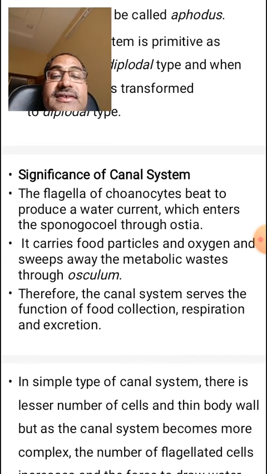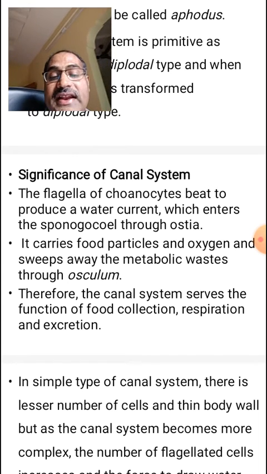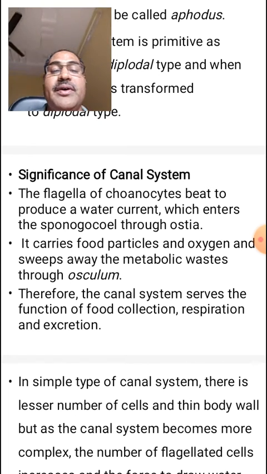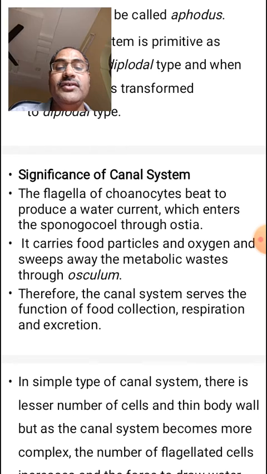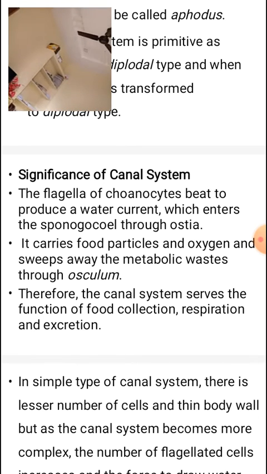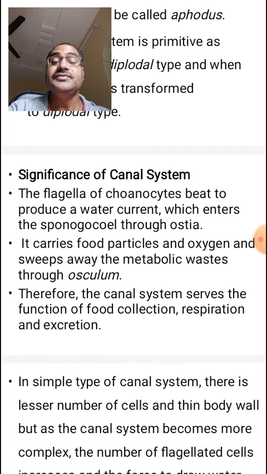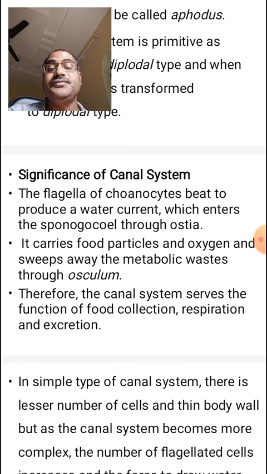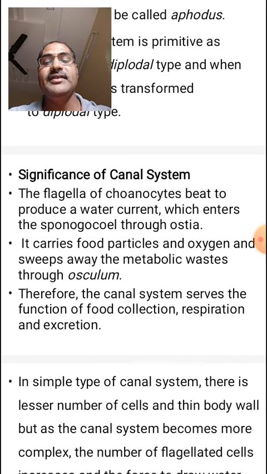So the functions are mainly to collect food particles and oxygen, and to eliminate metabolic wastes through the osculum. Therefore the canal system serves the functions of food collection, respiration and excretion.